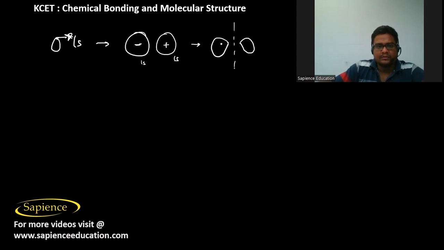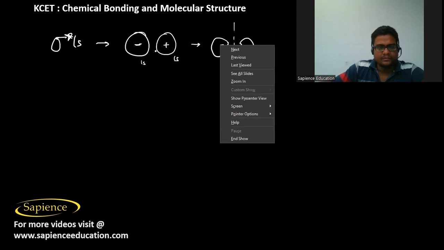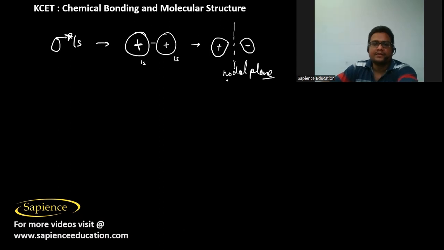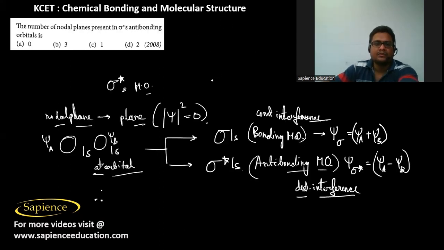Or simply I can say that two atomic orbitals will be subtracted. So then here plus and here minus, and here one nodal plane is formed. So here we will have one nodal plane only. So option C is the correct answer.